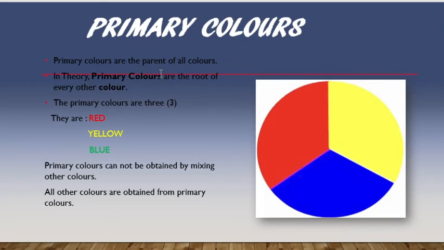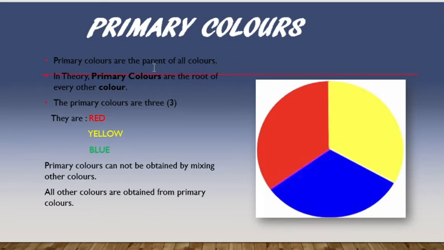The primary colors are three. We have red, yellow, and blue. That's why from this definition we say primary colors are the parents of all colors.